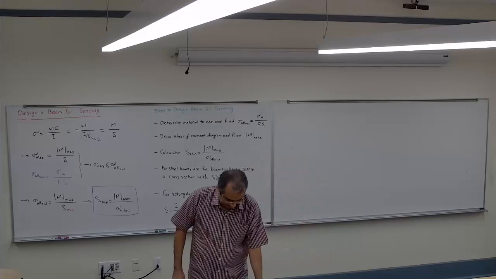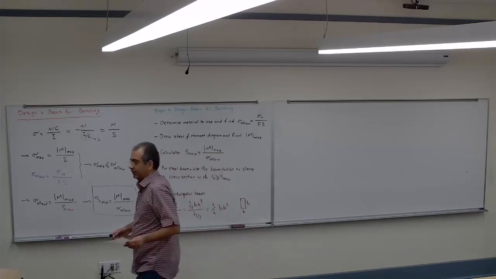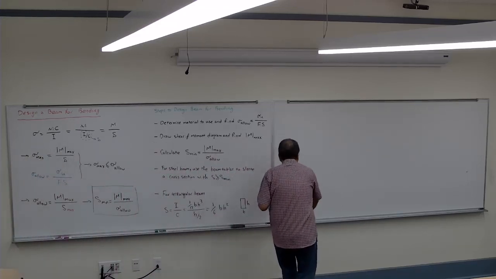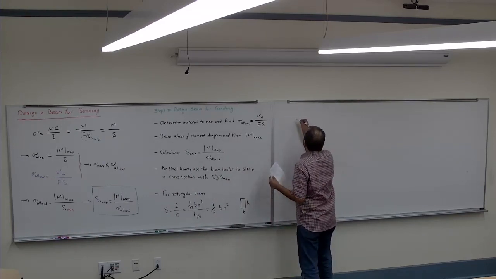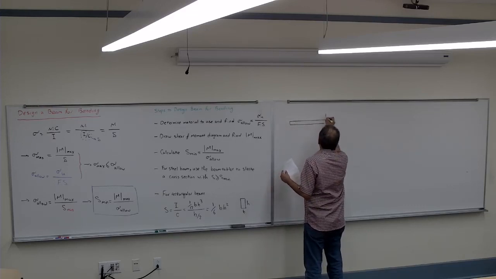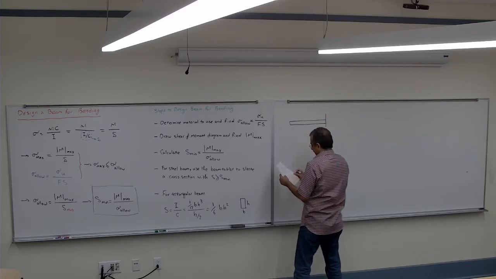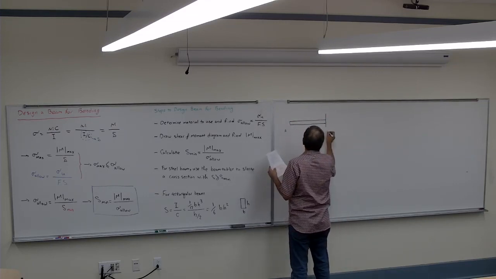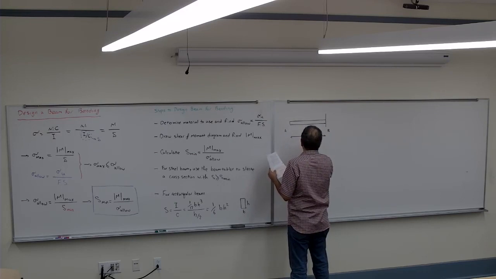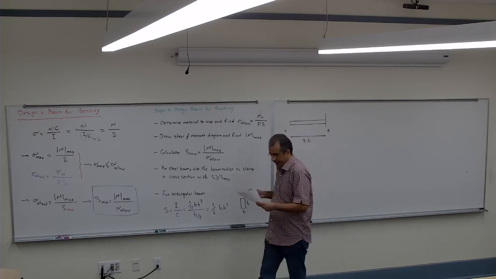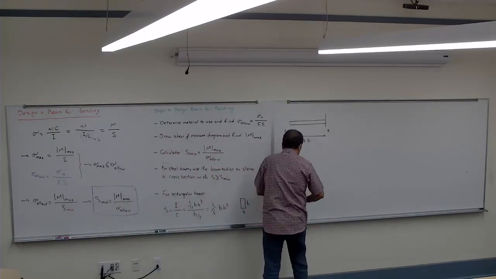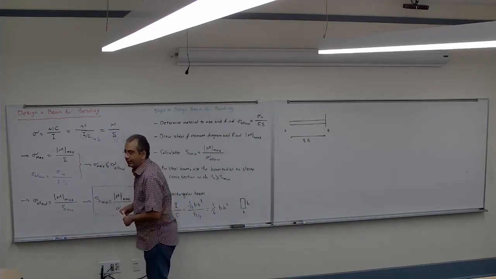So assume we have a beam like this. Let's say A, B, this is 8 foot, and there's a 15,000 pound load applying on the end.